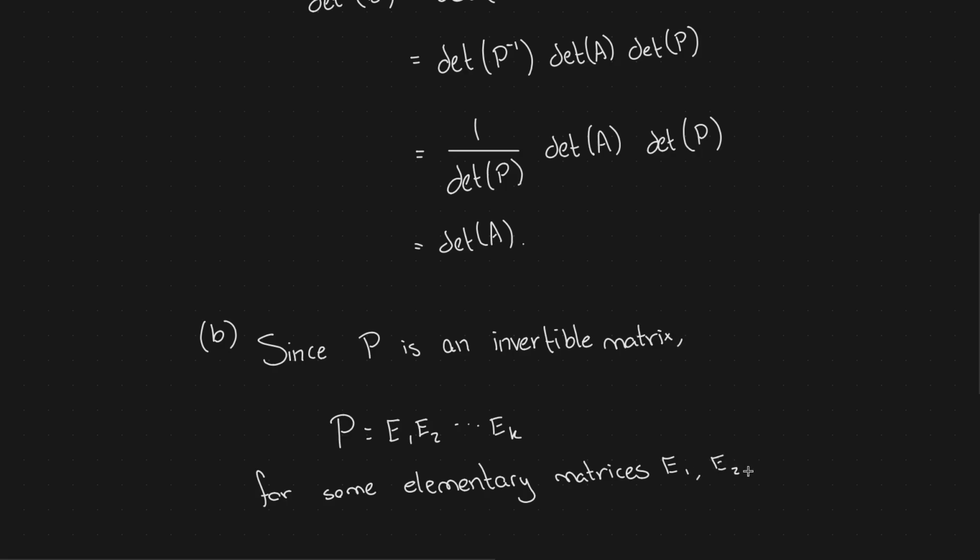So this is a property we've already shown. We proved this when we started looking at elementary matrices. Every invertible matrix can be expressed as a product of elementary matrices. Okay, so we're using that here.